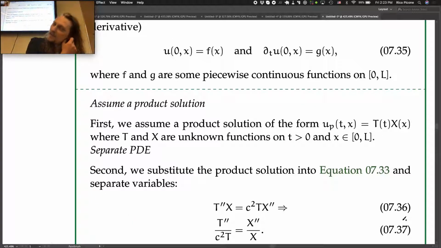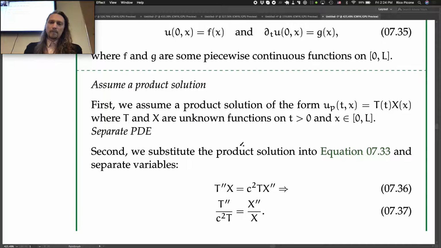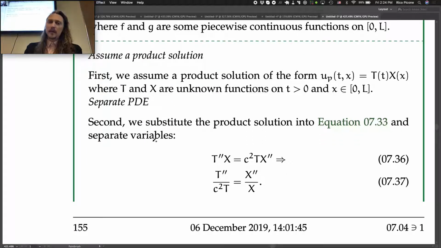So the first thing we do, just as before, is assume a product solution. There's a time variable and a space variable. We say that our solution hopefully can be written as a product of a time solution and a spatial solution. Then we try to separate the partial differential equation, substituting our product solution into our PDE.